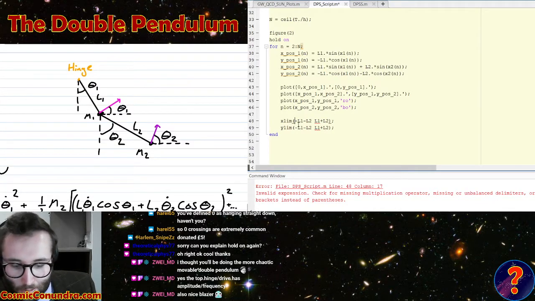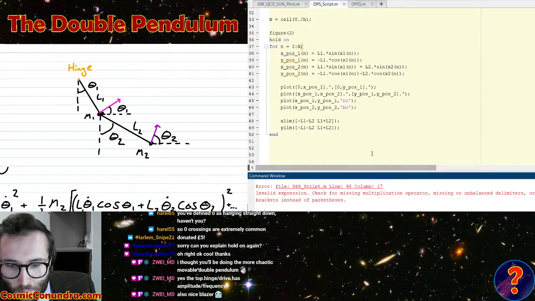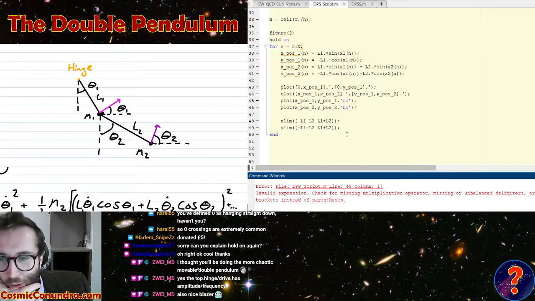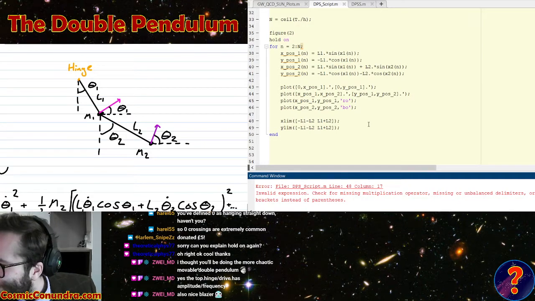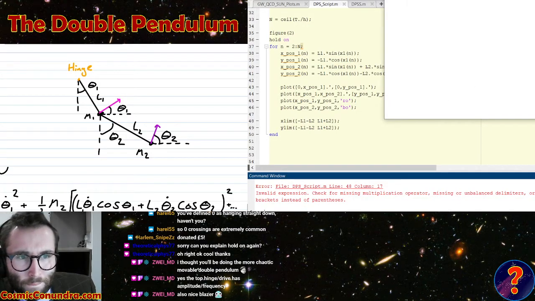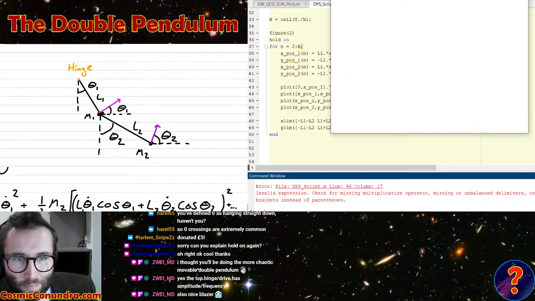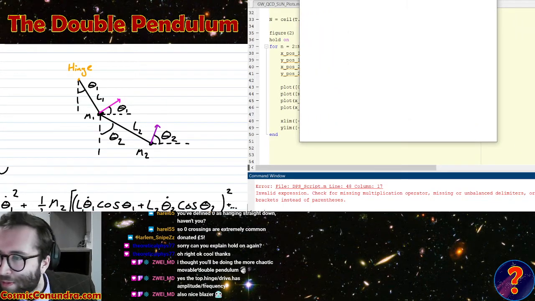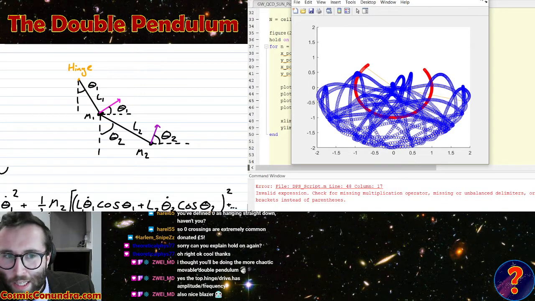Okay, you need square brackets to specify the x and y limits. Again, it appears to be plotting it all in one go and then just ramming it up. Why is it doing that? This is going to be the same thing as before, but it should plot it live.